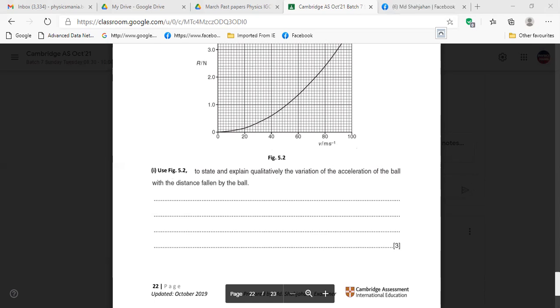When you are writing these 3 points, when you are writing resultant force decreases, beside that you also write in brackets, resultant force equals mg minus R, because weight minus the resistive force is the resultant force, right?